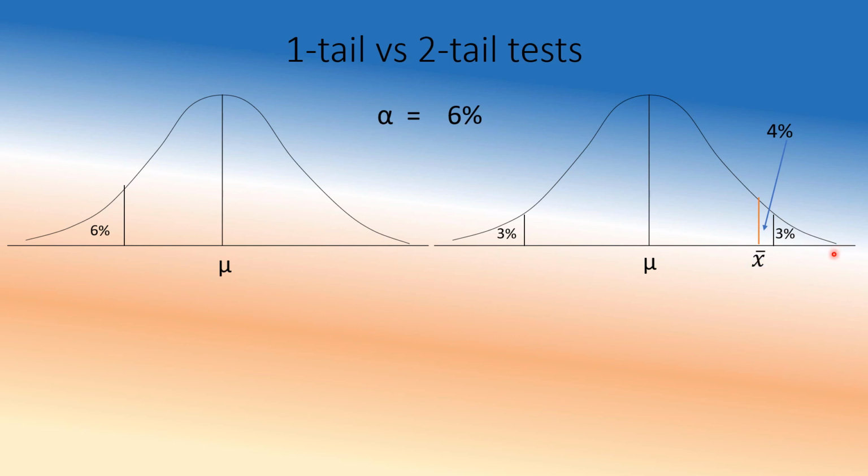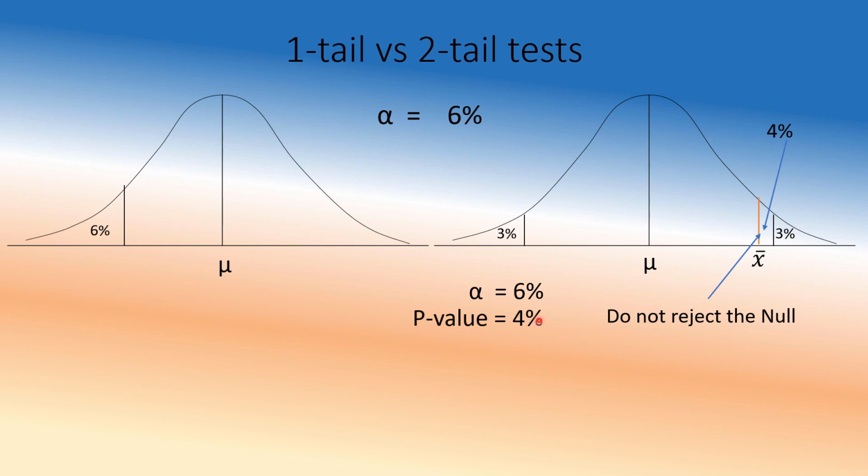That's p-value, 4%. If it's 4%, then don't reject the null, because look at the picture: no rejection, rejection, rejection. Don't reject it. Correct? That's what the picture says. Now we have our alpha at 6%, p-value is 4%.